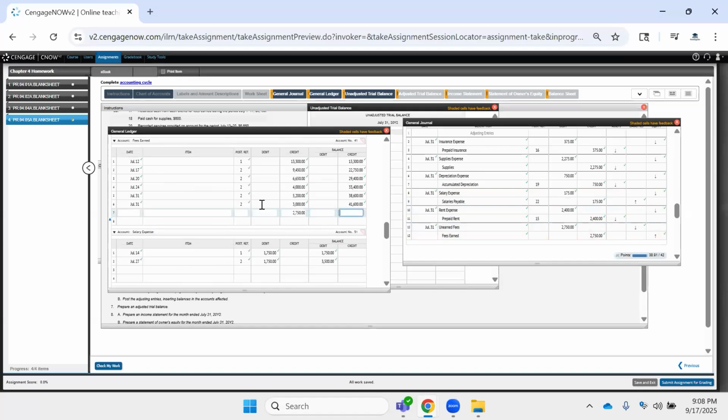So that's another 2,750. Bringing our total to 44,350.